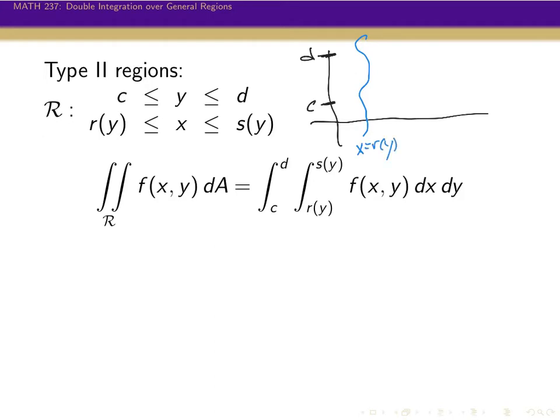So remember, this is x is equal to a function of y, so rather than going from left to right, really they're going kind of up and down. So s of y maybe looks like that. And so our region here looks like so.